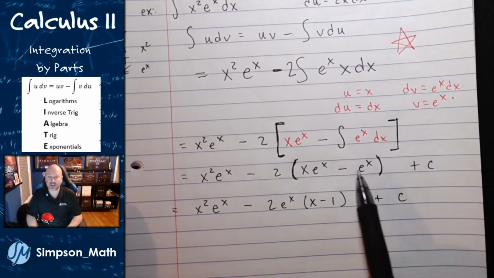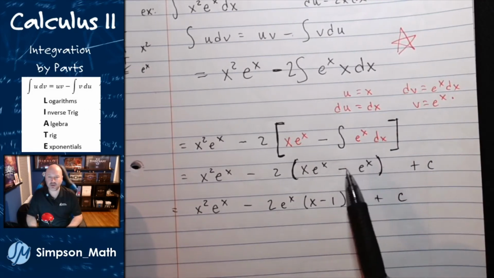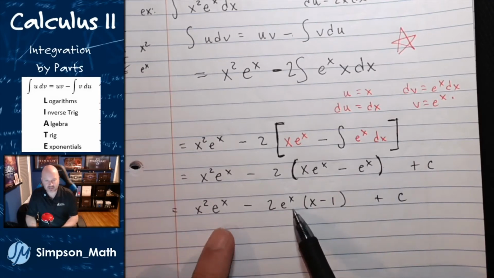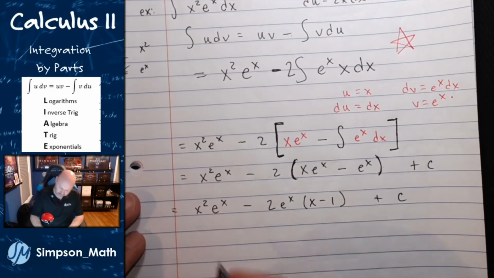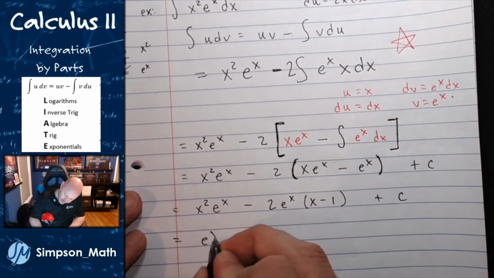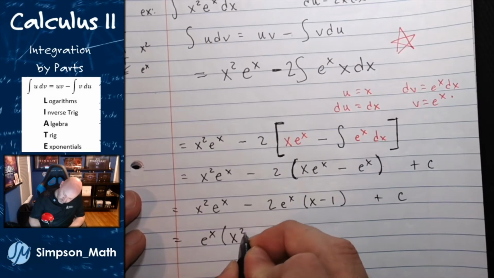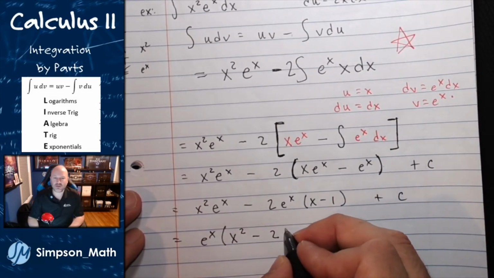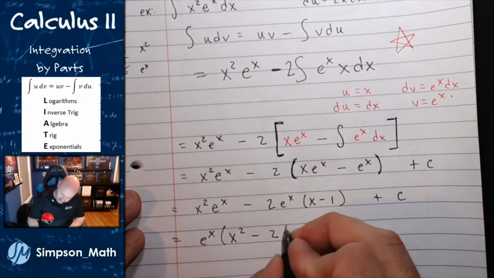So I just pulled out an e to the x from this common binomial, and then this difference now has a common e to the x. I'm going to pull out. Oh, I don't know, I can just leave it alone.